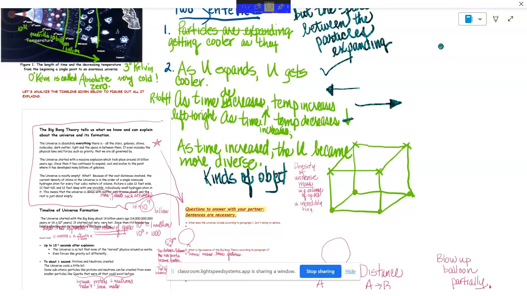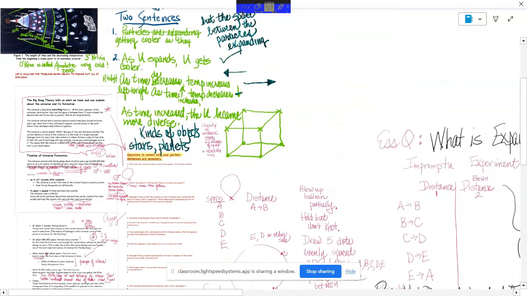That would be like stars, planets, etc. But even atoms, because there were only quarks at the beginning.